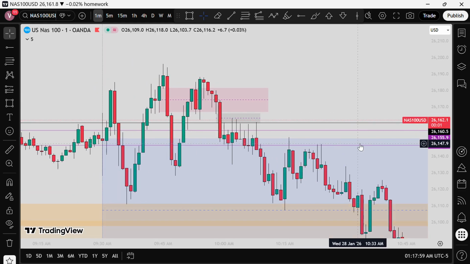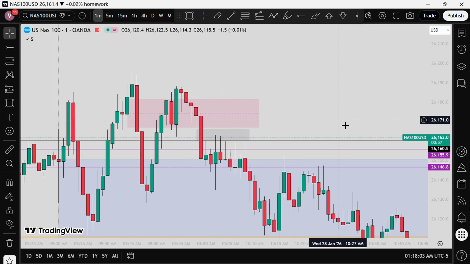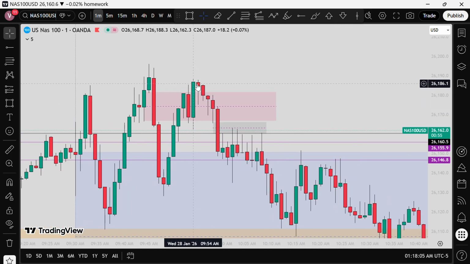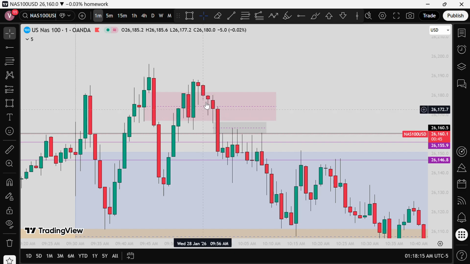You can also use the concept of CISD here, where you can consider these as order blocks, and then this one also becomes a propulsion block, because this order block is inside these order blocks.